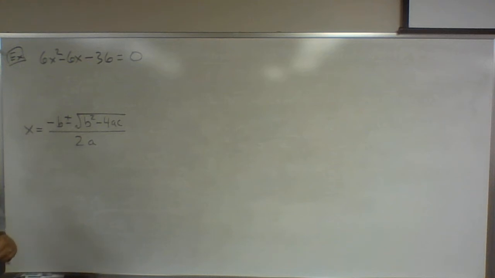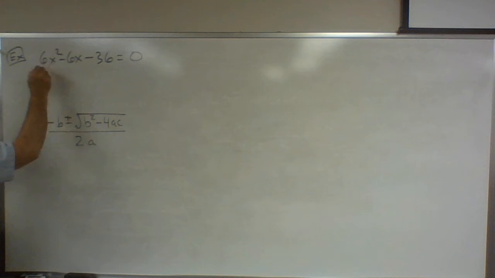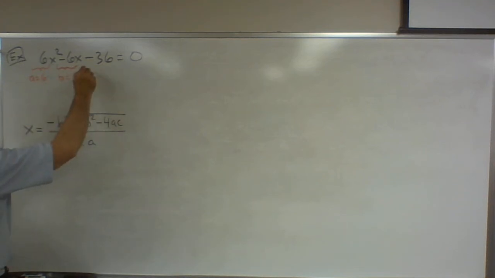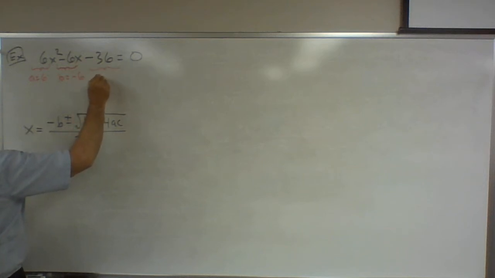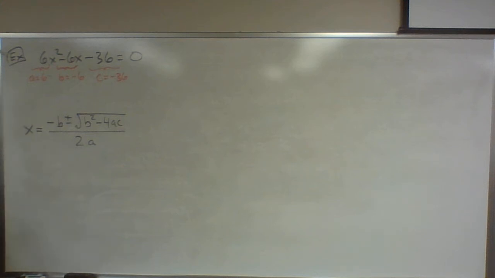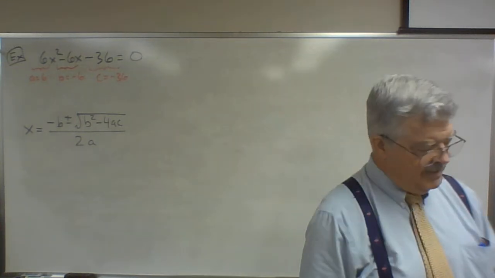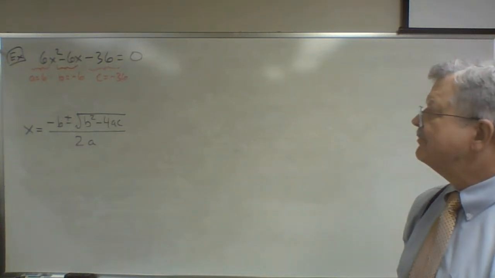And now we just have to plug in for a, b, and c. a is the coefficient of x squared, so a equals 6. b is the coefficient of x, so b is negative 6. And c is the constant term, negative 36. Holy moly, we're going to have some big numbers here. That's okay, we're up to the task.